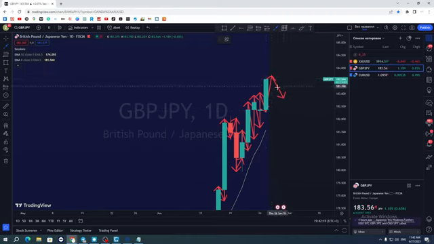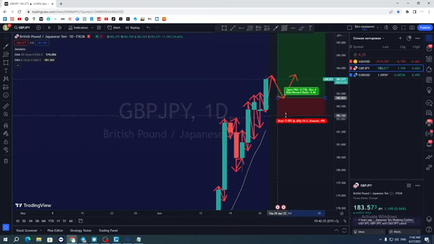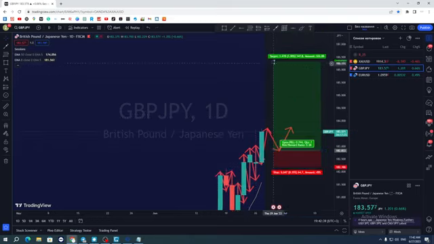I'm going to expect a pullback tomorrow, and then a move back up, and the first target is going to be this high. So you can just do whatever you want, even 50%, you can just blindly take the trade like that.